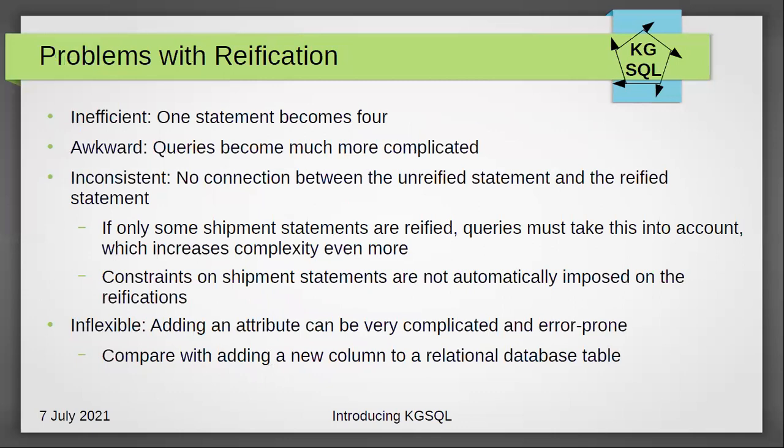But it has some problems. Of course, as you can see, it's inefficient. The single statement now becomes 4 statements. It's awkward. Queries are now much more complicated. So you have to navigate through all of these additional properties. It's inconsistent in a subtle way because there's no connection between the unreified statement and the reified statement.